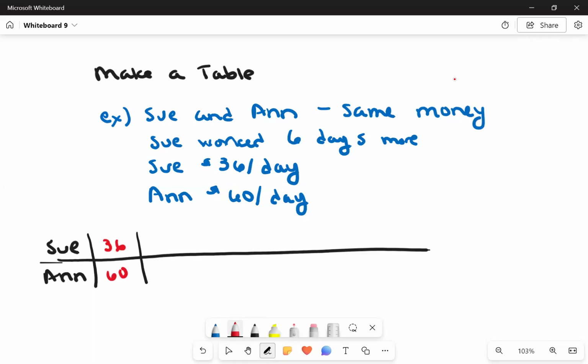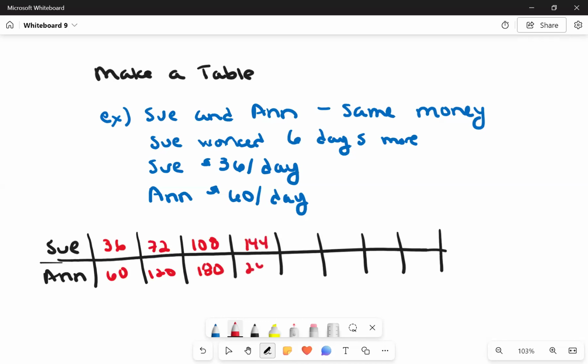Day two, we got 72 for Sue, 120 for Anne. Day three, 108 for Sue, 180 for Anne. Day four, 144 for Sue, 240 for Anne. Day five, 180 for Sue.